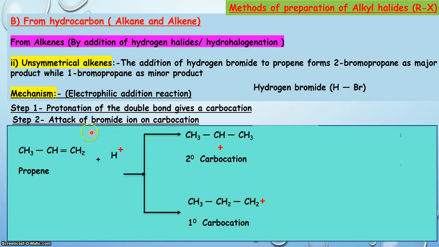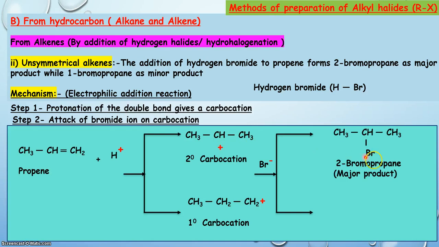So at this point, let us talk about the second step, that is attack of the bromide ion on the carbocation. If this bromide ion attacks the secondary carbocation, the product is 2-bromopropane, while attack of the bromide ion on the primary carbocation gives 1-bromopropane.